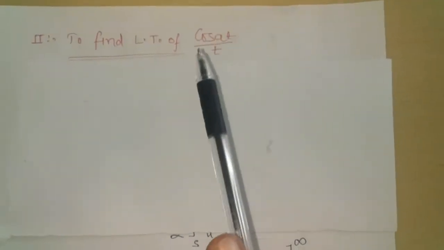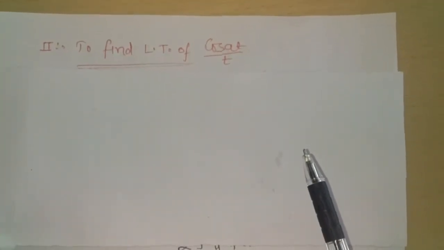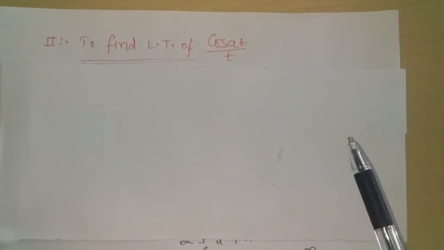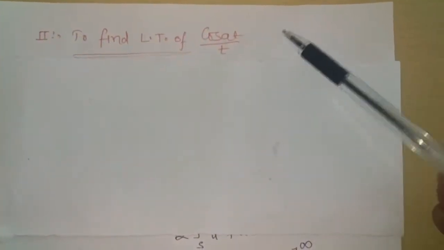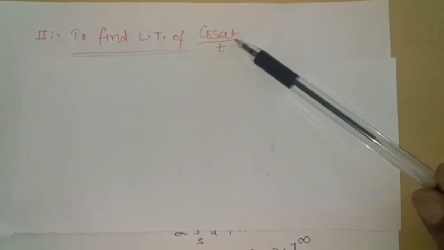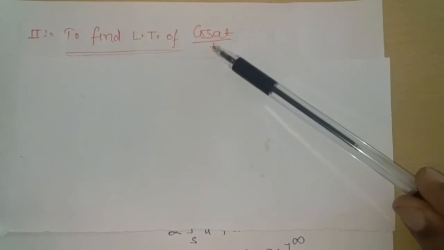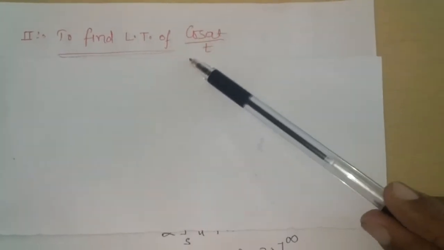To find its Laplace transform we use the division by t property of Laplace transform. First we assume cos at is f(t) and then we find its Laplace transform, which we denote by f bar s.